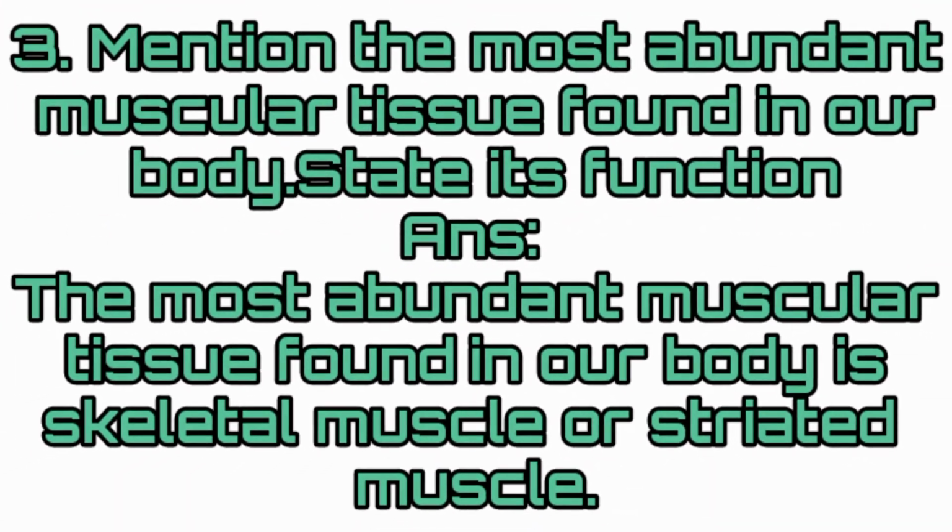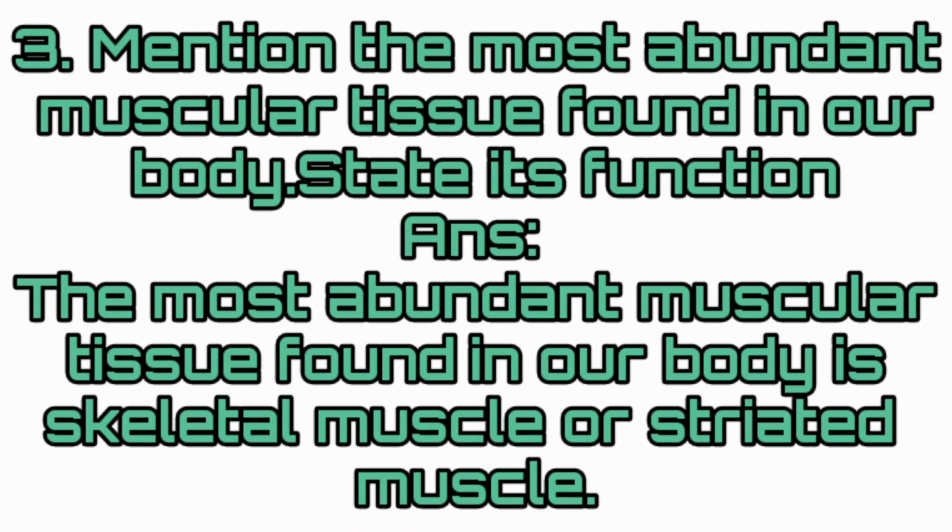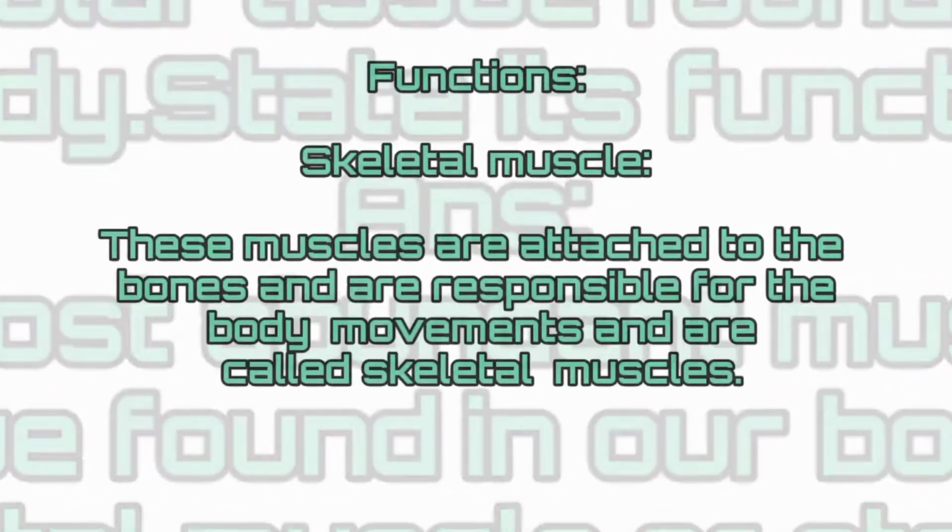Third question, mention the most abundant muscular tissue found in our body. State its function. Answer, the most abundant muscular tissue found in our body is skeletal muscle or striated muscle.